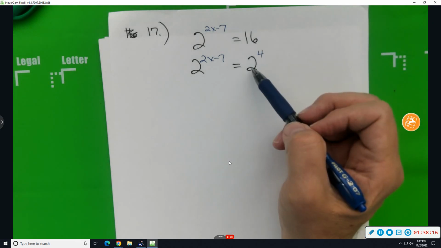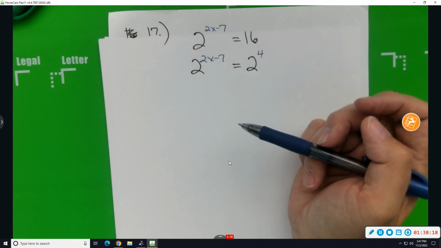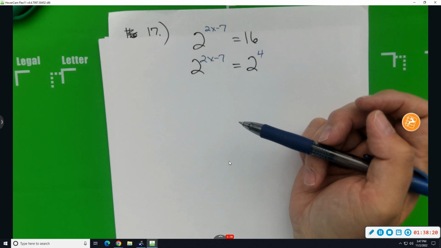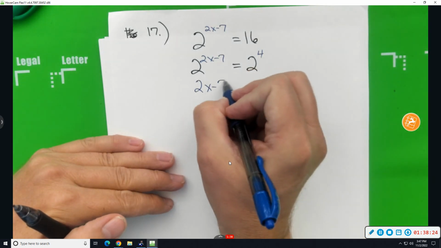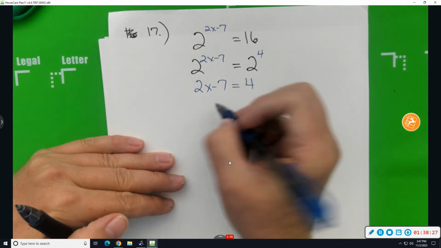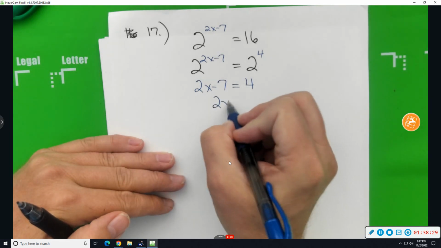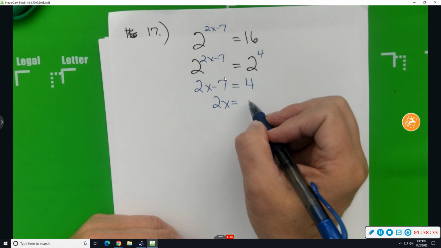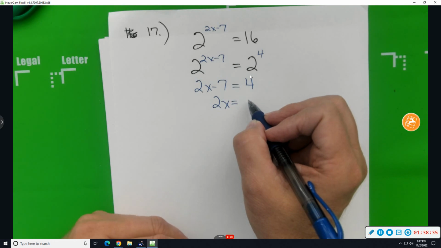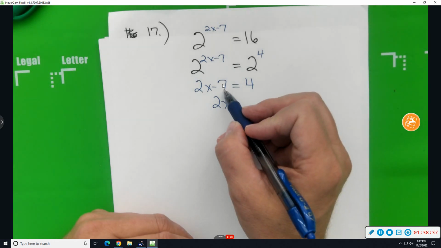But 16 is the same thing as 2 to the 4th, and then what can we do? Drop the base, set the exponents equal. So we have 2x minus 7 equals 4. What are we going to do with that minus 7?